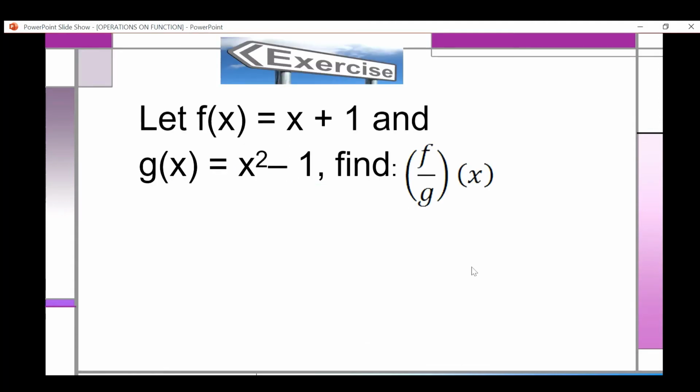Okay, so try nga natin to. Let f of x equals x plus 1 and g of x equals x squared minus 1. Find f over g of x. So, answer it in a piece of paper. Okay? Then later, I will reveal the answer.